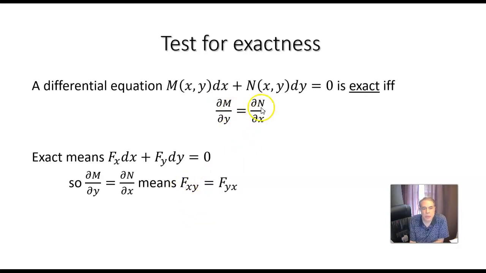And when you're taking the partial of N with respect to x, you're really taking the partial with respect to x of the partial with respect to y of f. And these mixed partials, f sub xy and f sub yx, are supposed to be equal to one another, at least as long as conditions of continuity and differentiability are met.